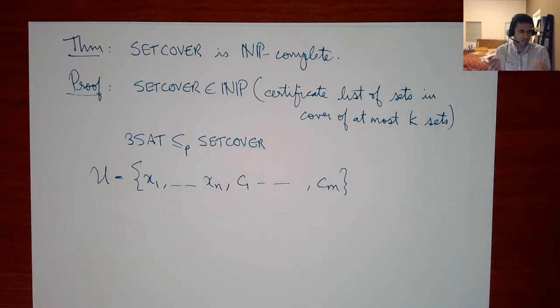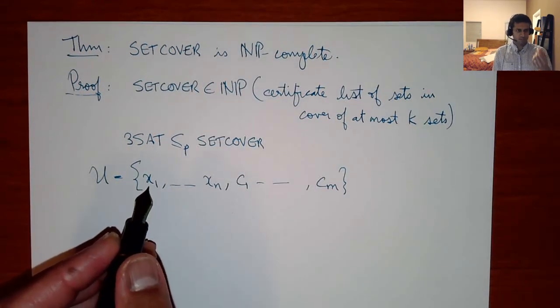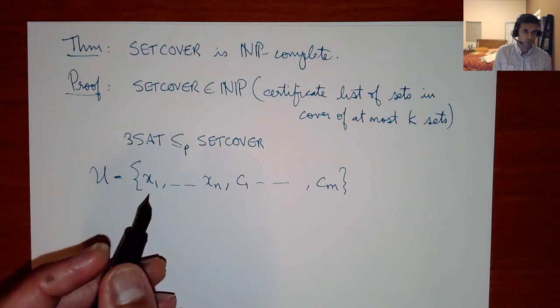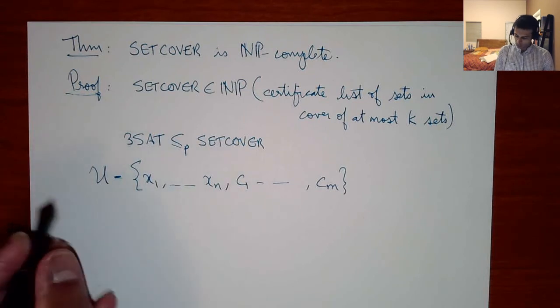So this is just sort of syntactic, right? I'm going to construct a universe where there's one item in the universe for every variable, one item in the universe for every clause.